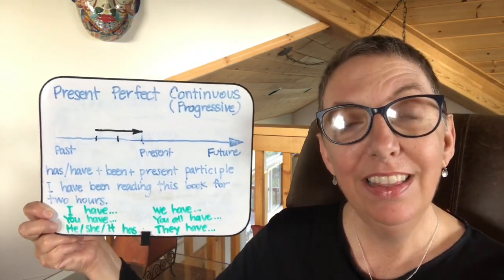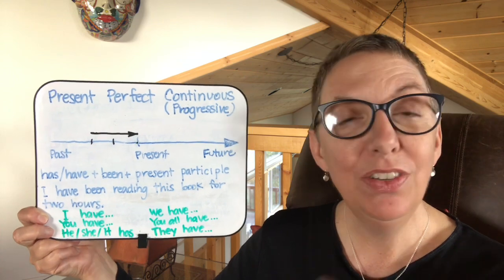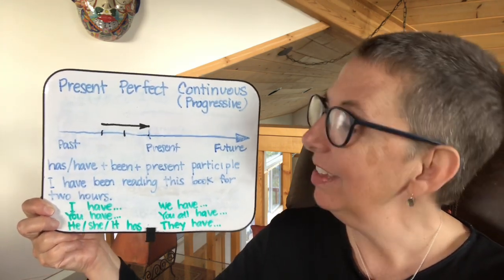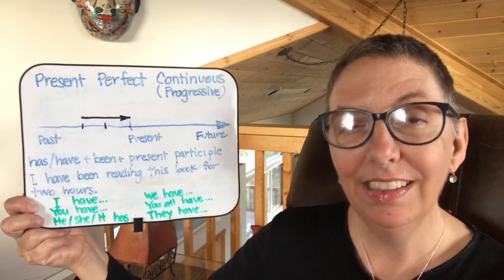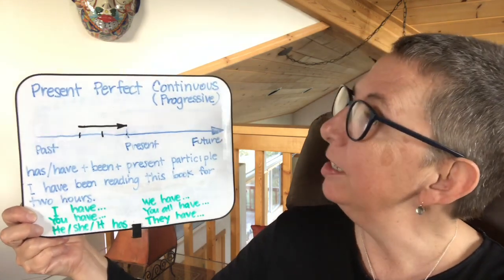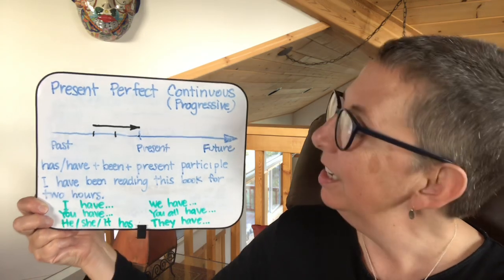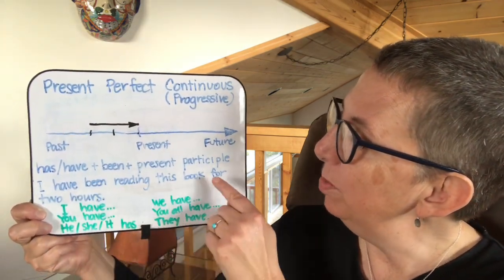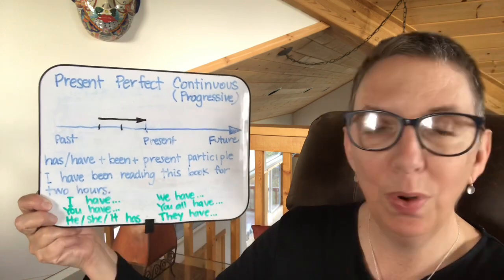And I've written the example sentence that I've been using in all of these verb tense videos. And as that sentence is written in the present perfect continuous, it would be, I have been reading this book for 2 hours.